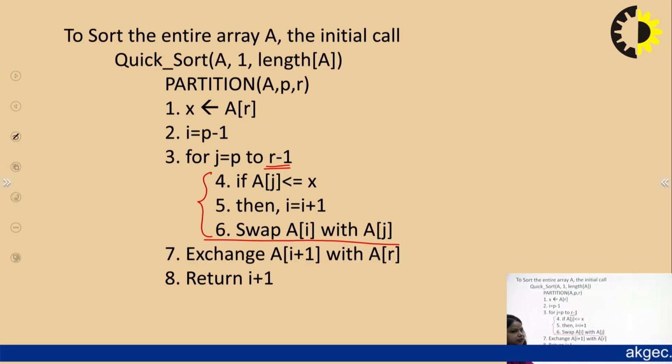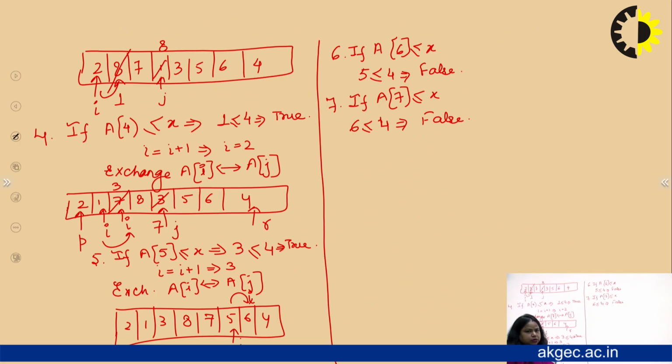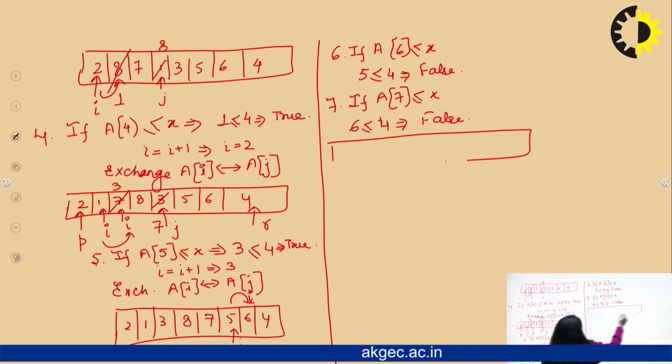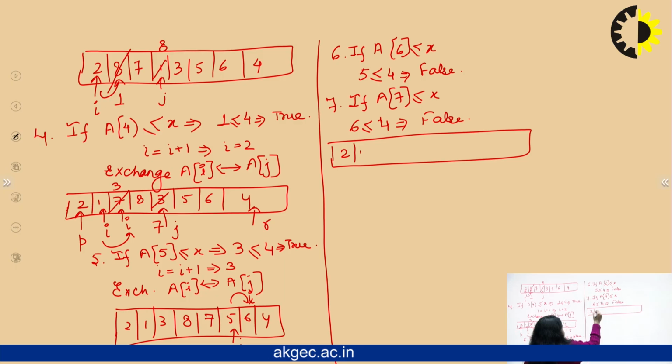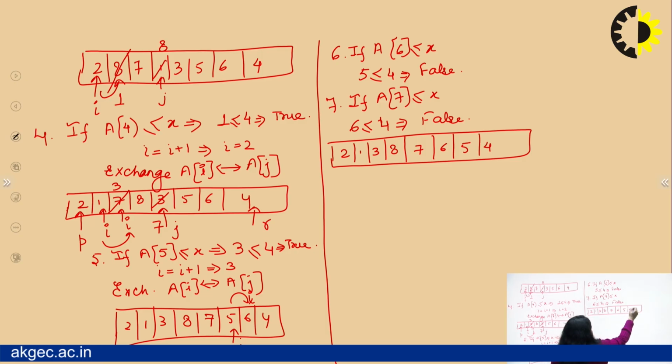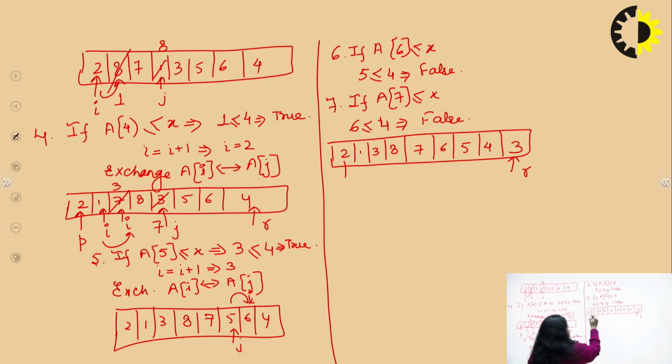Now after the completion of the for loop, you can see finally we are getting an array as 2, 1, 3, 8, 7, 6, 5 and 4, right? You can say this is R, this is P, right? Now this is I, sorry, I is on 3, right?